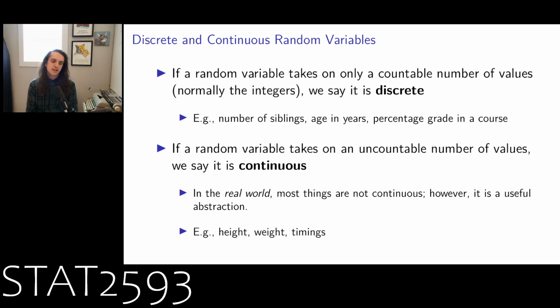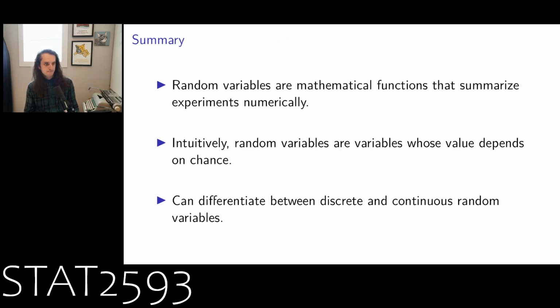If we do height, if we do weights, if we take time measurements, we're normally going to be thinking about these as continuous random variables. So that's the idea of random variables. They're a mathematically useful way of summarizing the results of an experiment so that we can make more use out of them.